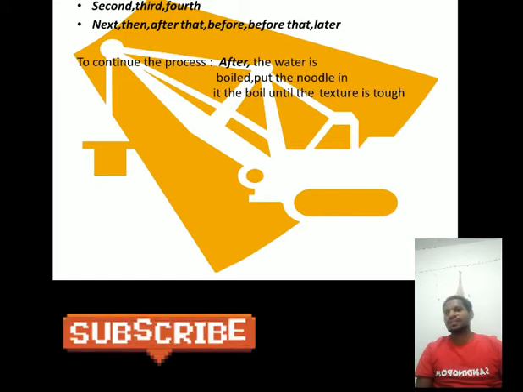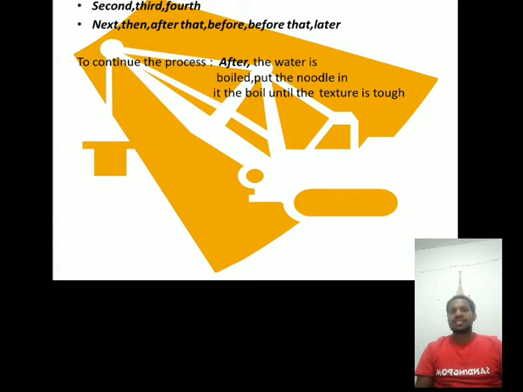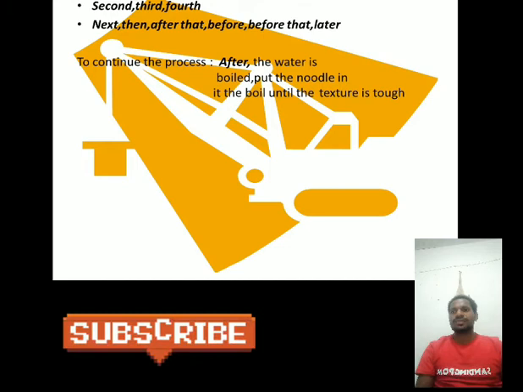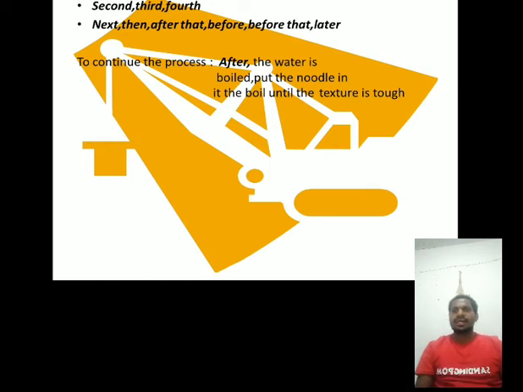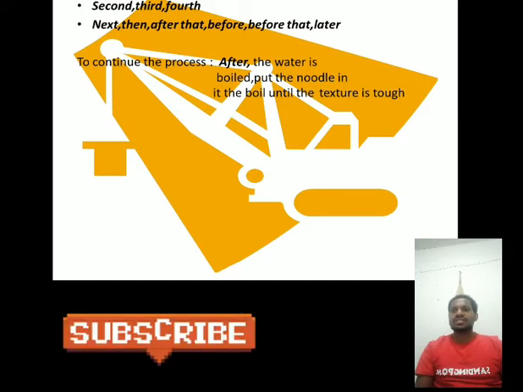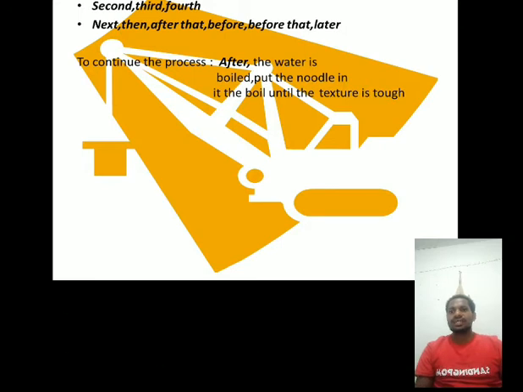Ini kita menggunakan proses yang sedang berlanjut atau proses yang sedang dilakukan. Contohnya, after the water is boiled, put the noodle in the boil until the texture is taut.